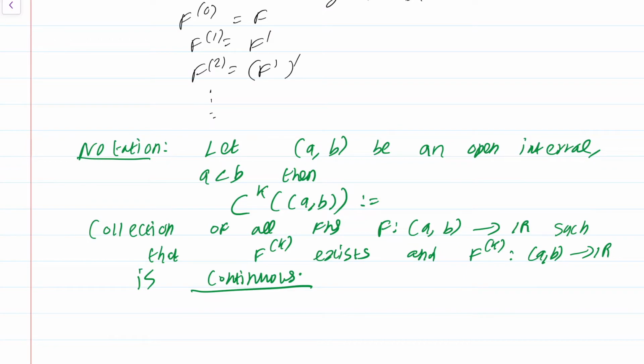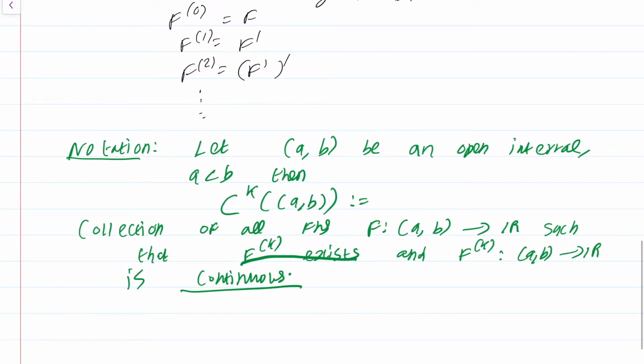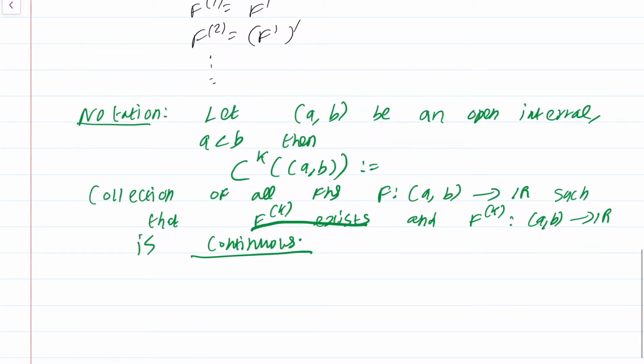For f^(k) to be defined, f^(k-1) must be defined. So f', f'', f''' till f^(k-1) are automatically defined just because I'm saying that f^(k) exists. So this is automatically asserting that all the lesser derivatives also exist, and f^(k) should be continuous.